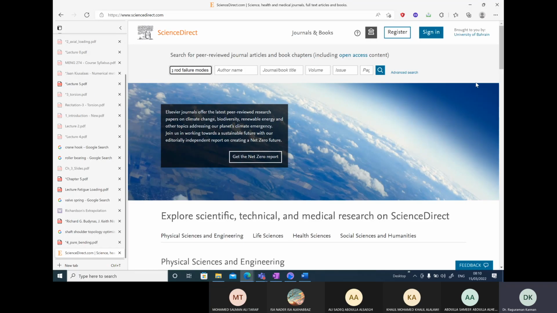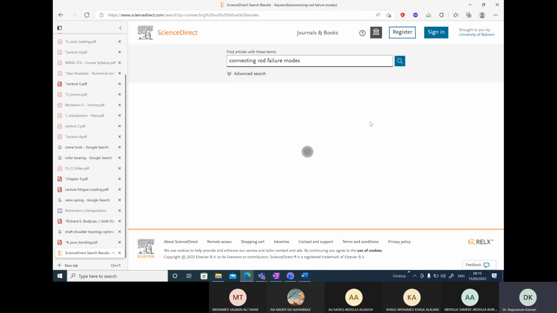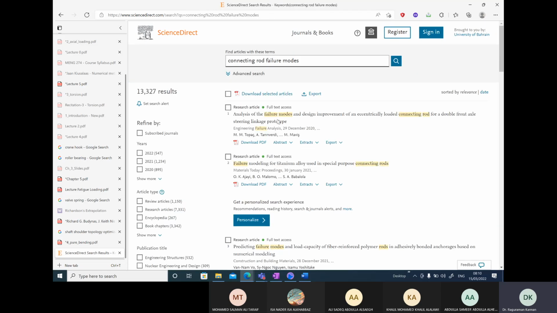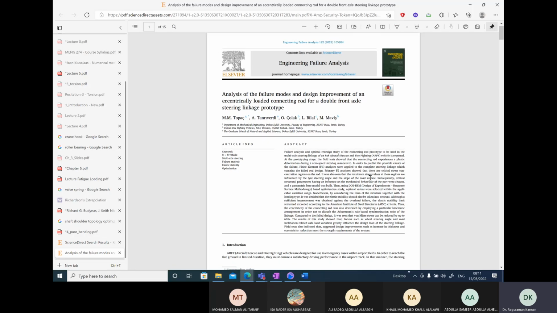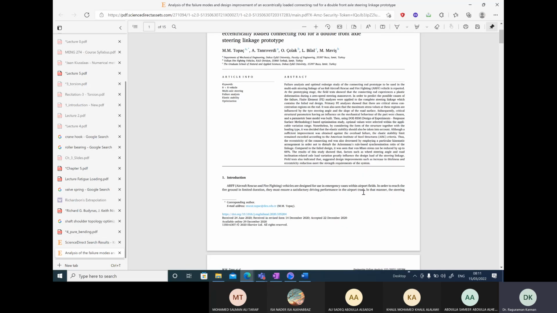If I search, I might get some papers associated with it. See here, analysis of failure modes and design improvement of eccentrically loaded connecting rod. If you are especially on campus, maybe you have access to some of these papers. Don't try it outside. If you are outside the university, maybe you will not have access to these papers. But if you are inside the university, you can access these papers from university internet.